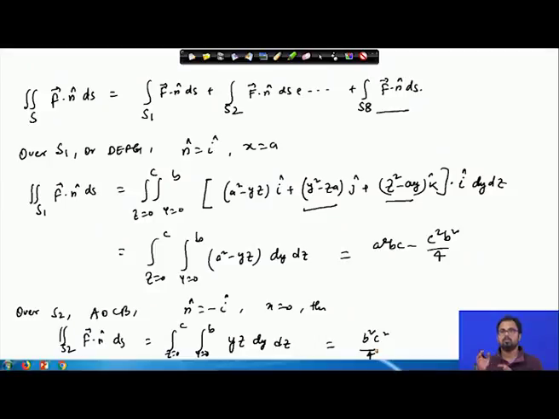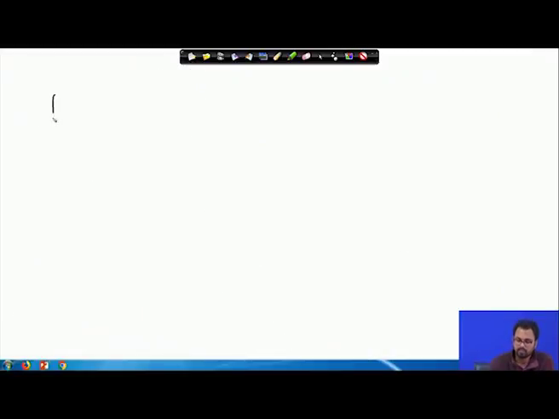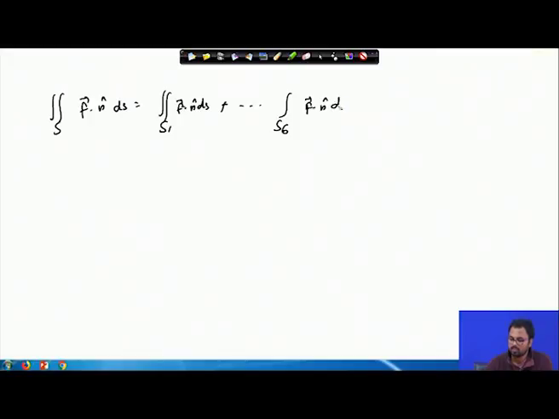So, 1, 2, 3, 4, 5, 6. Sorry, there will be only 6 integrals, not 8. So, 1, 2, then 3, 4 and then 5, 6. Yes, there will be 6 integrals. So, on these 6 surfaces, we obtain 6 integrals, and when you sum them, you will have some cancellation, and finally, our surface integral would look like this: over S1 f dot n ds, then S2 f dot n ds, and so on, up to S6 f dot n ds, it is not S8, it is S6.